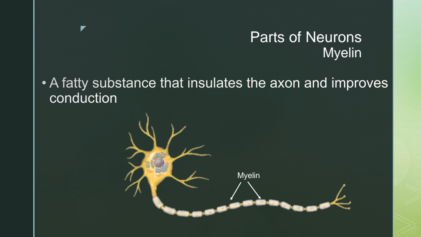This insulation improves the conduction ability of the neuron. It works much in the same way that plastic coating on electrical wires works to improve the conduction of electrical signals down a cord. So myelin sheath works in a similar way to improve conduction, the speed at which those signals are sent.